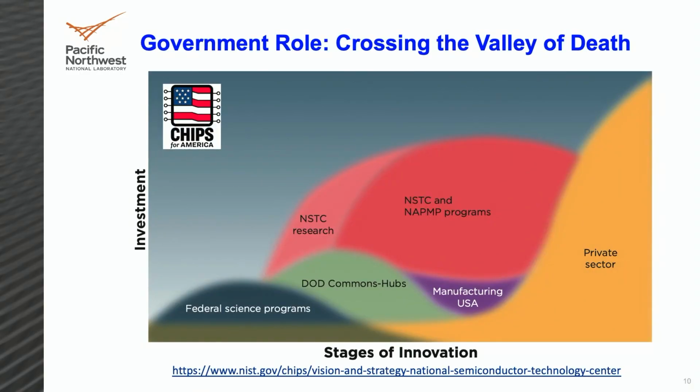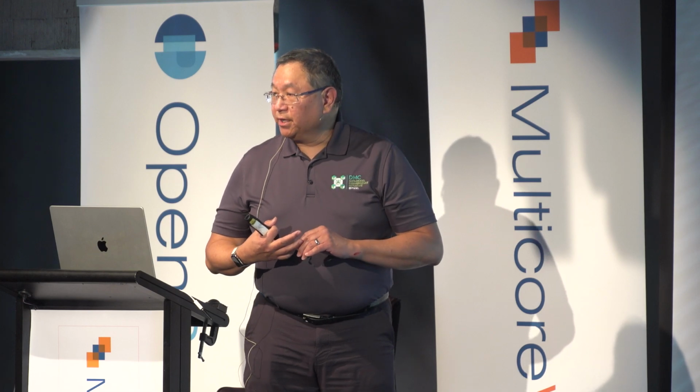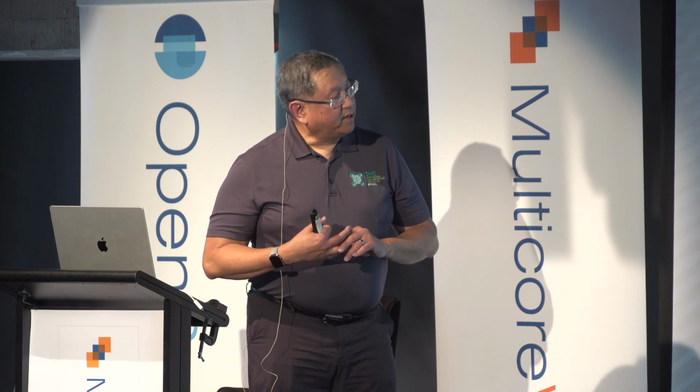All right, crossing the valley of death. This is a graphic that I wanted to share. On the left-hand side of this plot is fundamental research. This is where the Department of Energy, DARPA, and NSF make investments. Then we do well with fundamental R&D in microelectronics and advanced computing. The key question is, how do those technologies transition to the private sector? How do they become real commercial products?